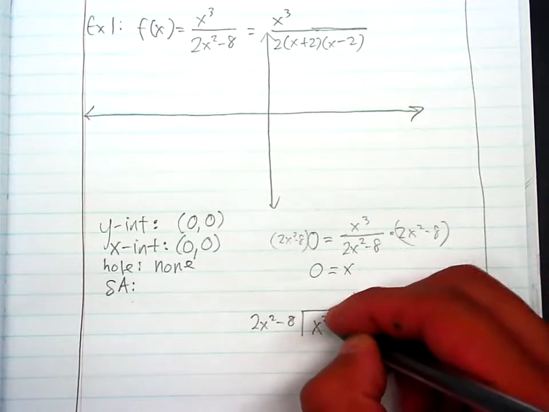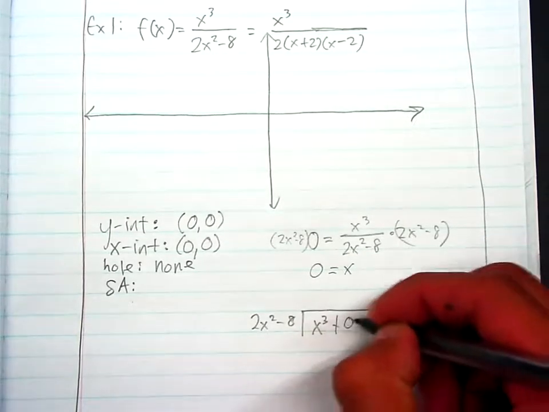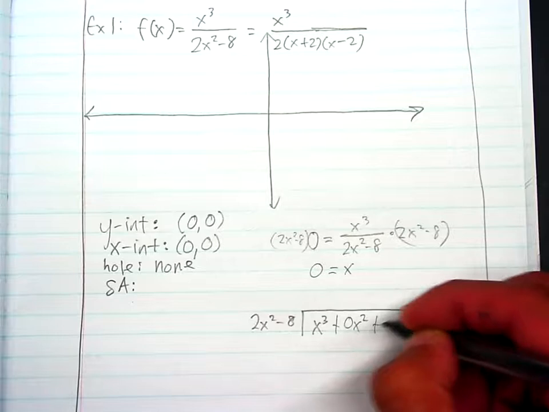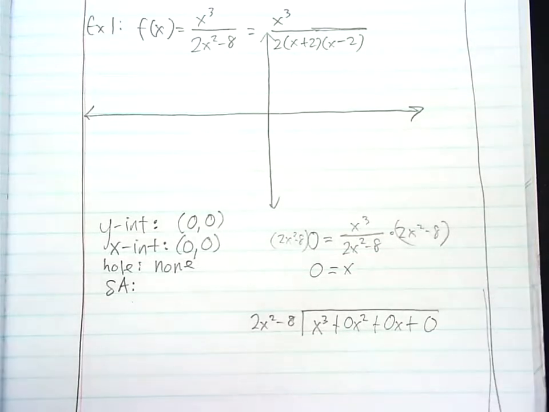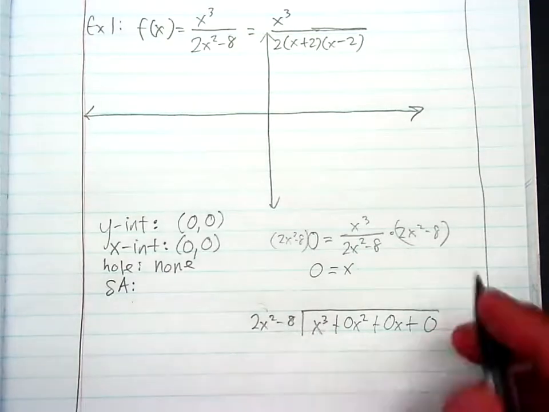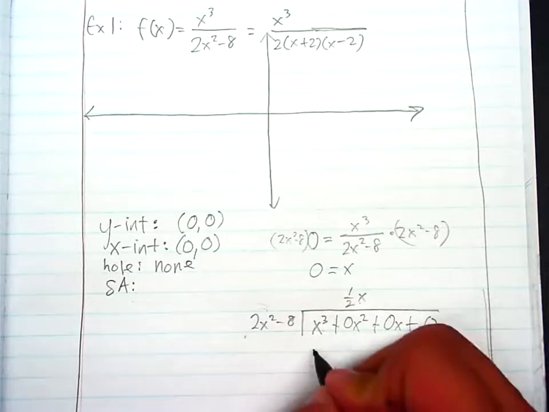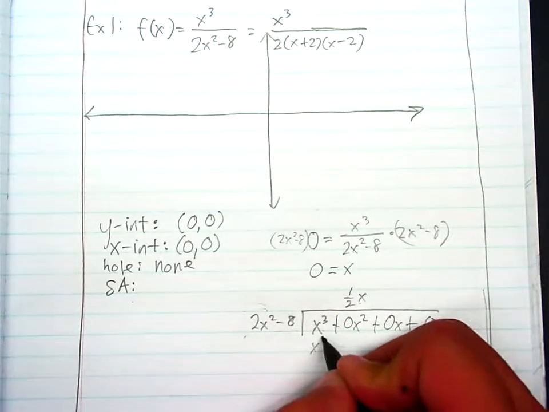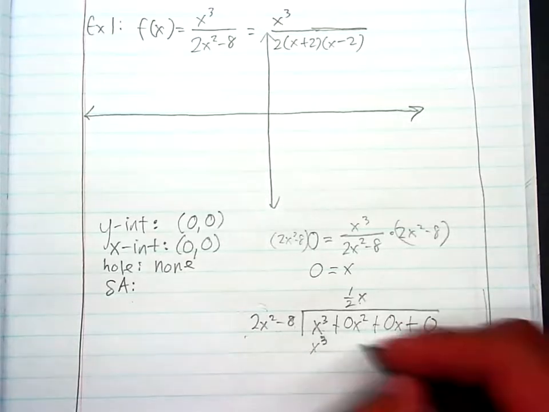I know I have no other degrees, so I have to add all the missing degrees: 0x squared plus 0x plus 0. Now I need this to turn into x cubed, so I'm going to multiply by 1/2 x. So 1/2 x times that is x cubed. 1/2 x times negative 8 is negative 4x.